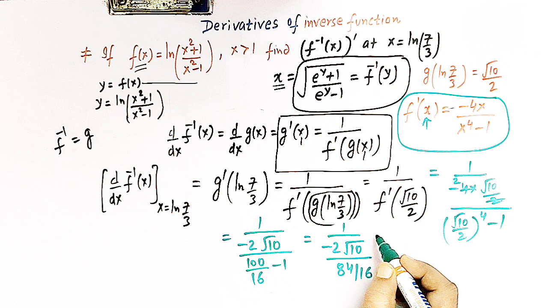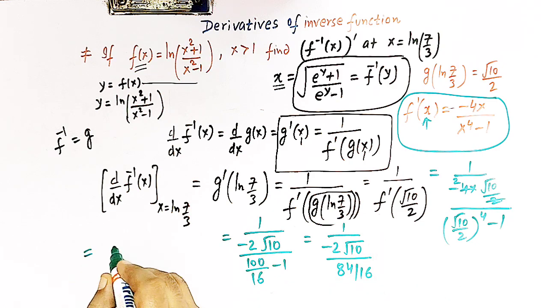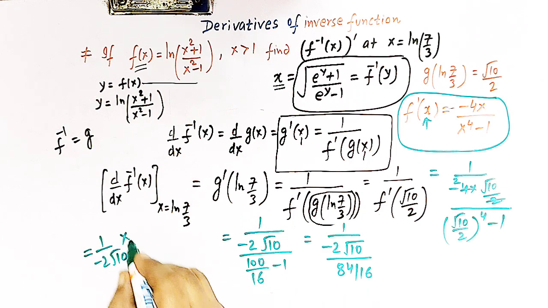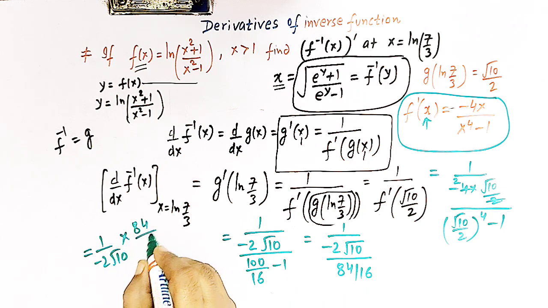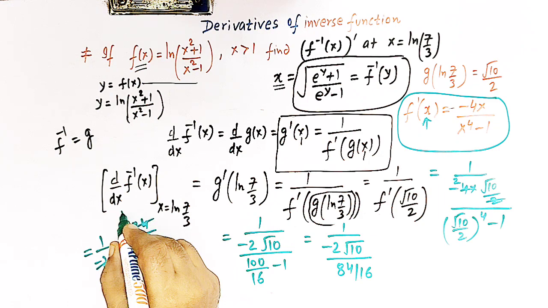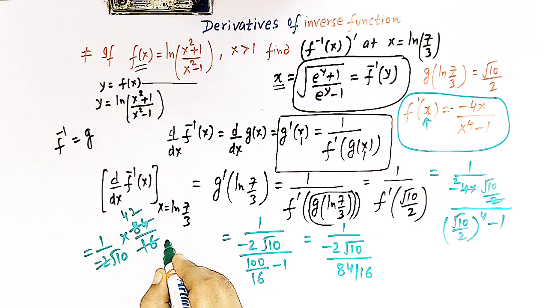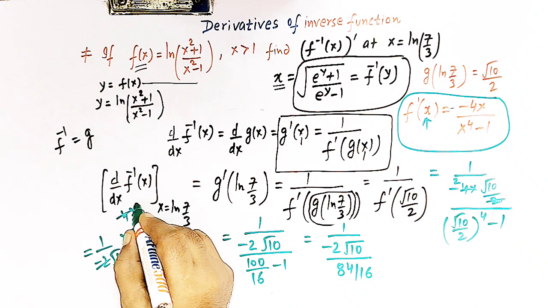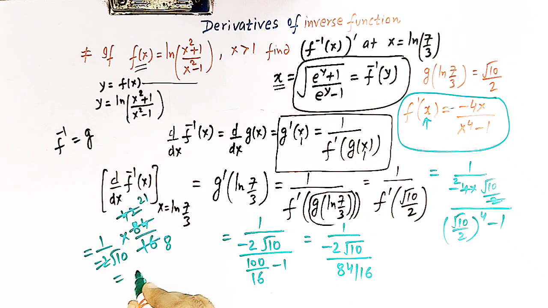So now we can write this expression as 1 over minus 2 times square root of 10 multiplied with 84 over 16. Now this is 2 times 42, and this is 2 times 8, this is 2 times 21. So we have minus 21 over 8 times square root of 10.